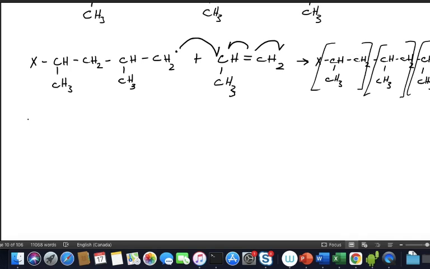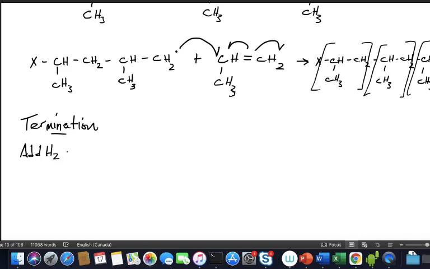We're going to go into step 3. Step 3 is termination. In termination, we're going to add a molecule of hydrogen, H2, in order to stop our process. So for termination, I'm going to say add H2.